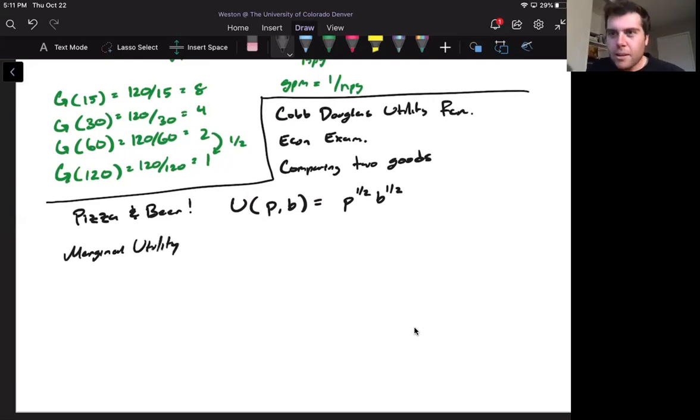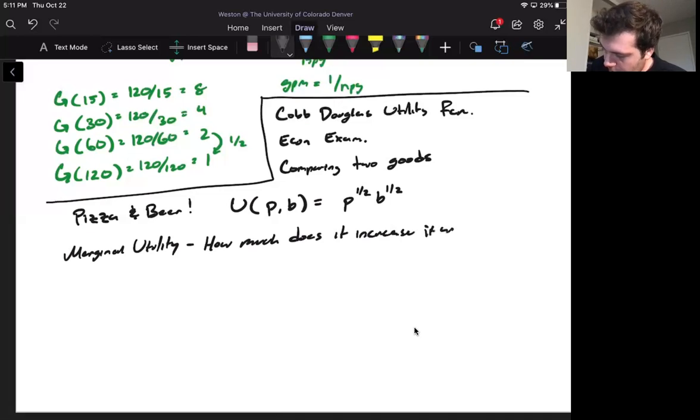Because often we're not thinking about things in terms of how much total, but marginal utility asks how much if we have one more. So how much does my marginal utility go up if I have an extra slice of pizza?